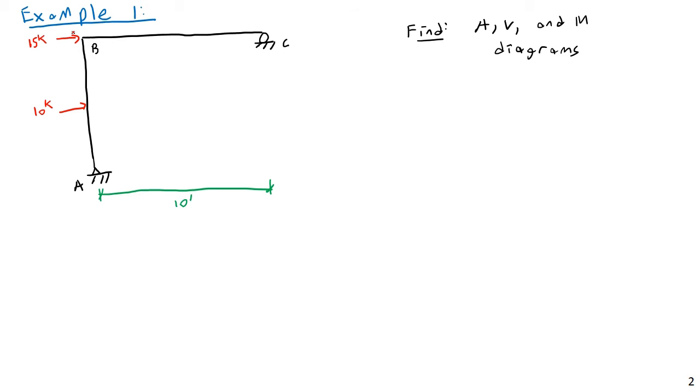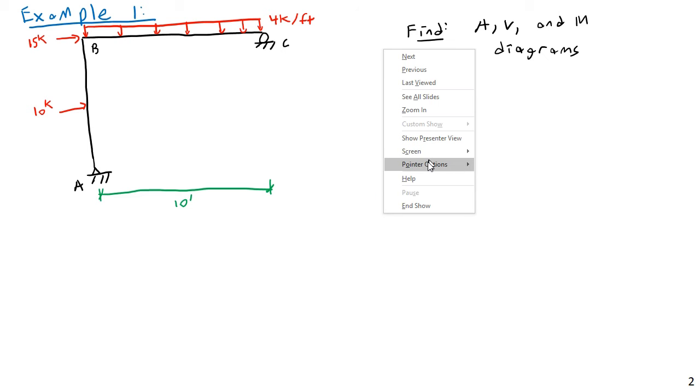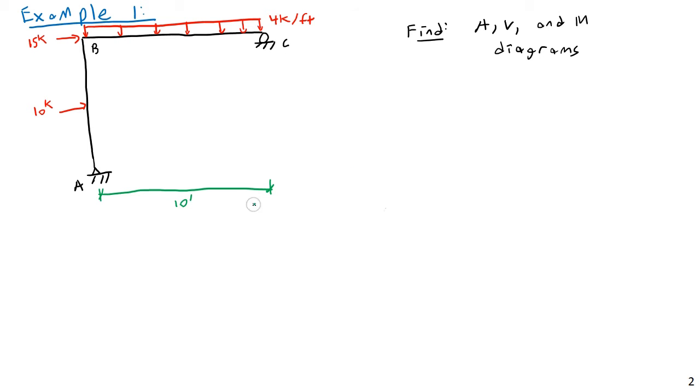Then a distributed downward load of 4 kips per foot. And then for the other dimension lines, it's going to be 4 feet from here to here, and 4 feet from here to here.